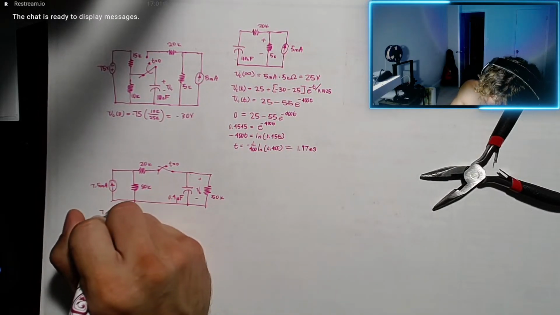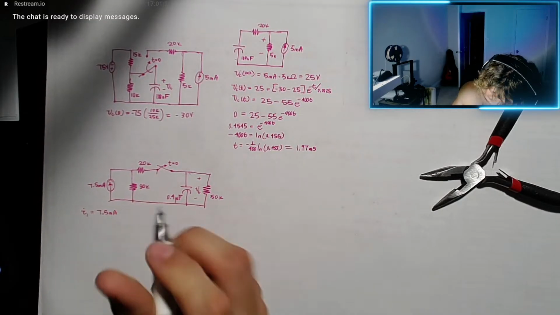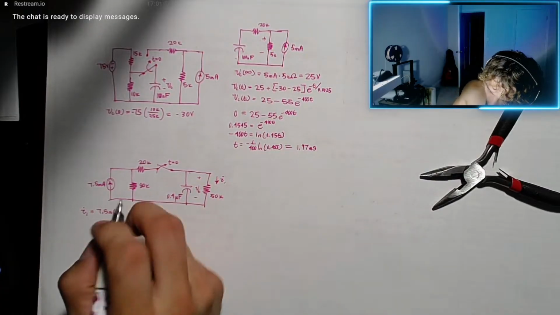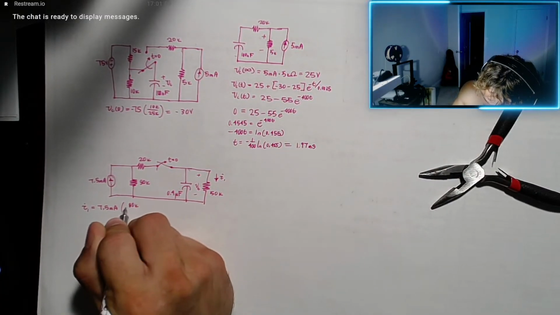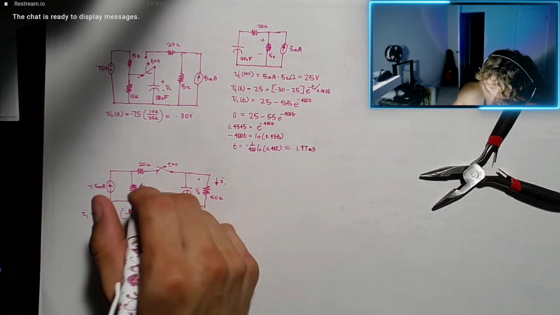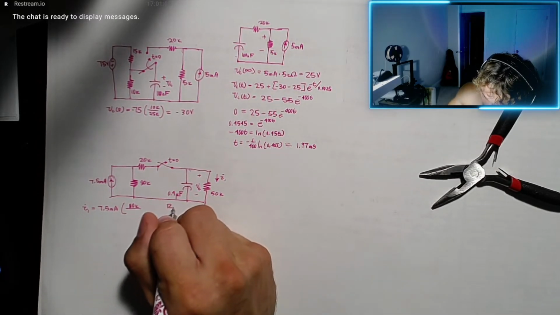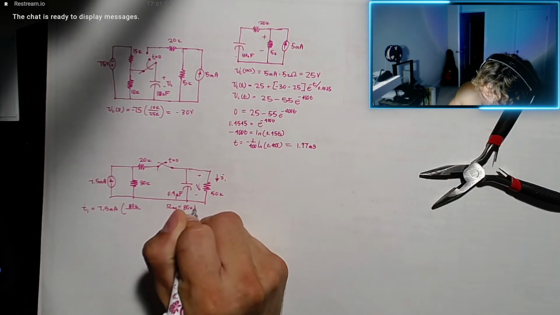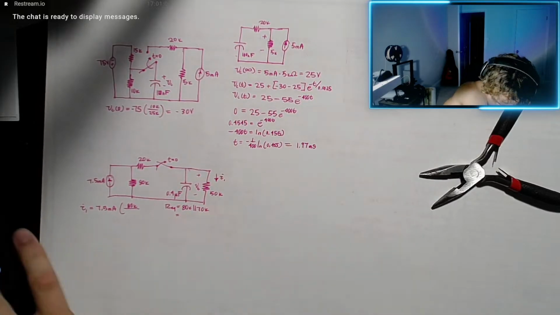So I1, that's going to be the current through here. I1 equals 7.5 milliamps multiplied by 80k divided by the sum, so we have 20 plus 50, that's going to be 70k, so our equivalent equals 80k in parallel with 70k.